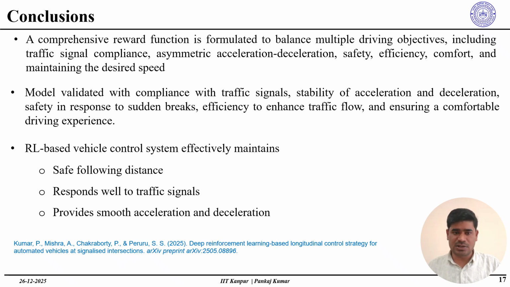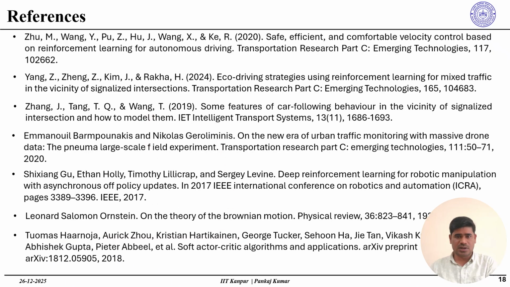Also, the RL-based vehicle control system efficiently maintains a safe following distance, responds to the traffic signals, and provides smooth acceleration and deceleration. If you are interested in this particular work, you can follow these papers. Thank you. These are the references, and thank you.